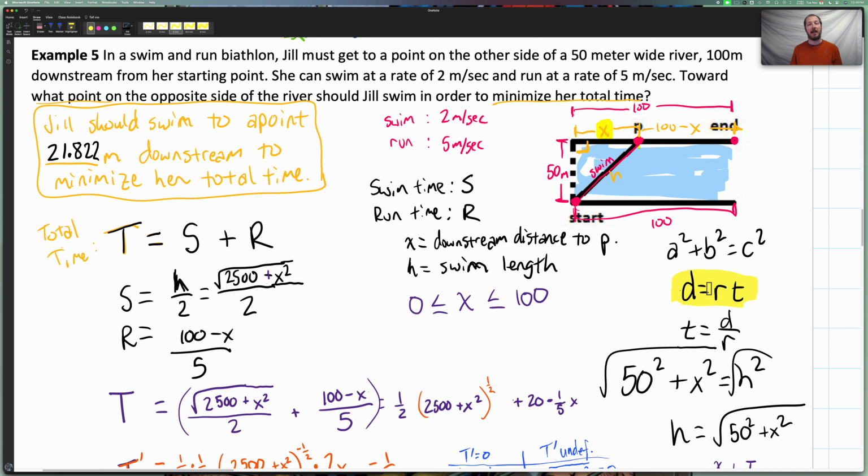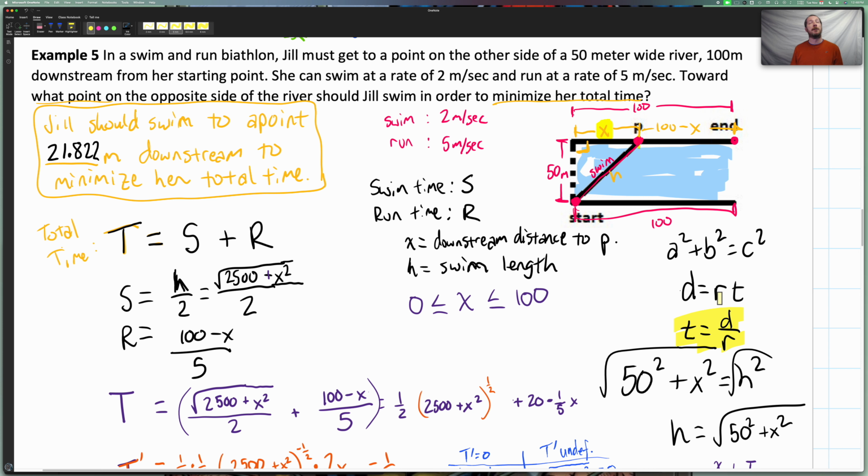That's a secondary formula, just like area or perimeter or Pythagorean theorem or trig ratios that I want you to be able to call on. Distance equals rate times time. We're given rate. We can probably find the distance in terms of some variable. The time is what we want. So if we take that and solve it for t, then we get time equals distance over rate. You guys did a bunch of these problems in middle school and Math 1.